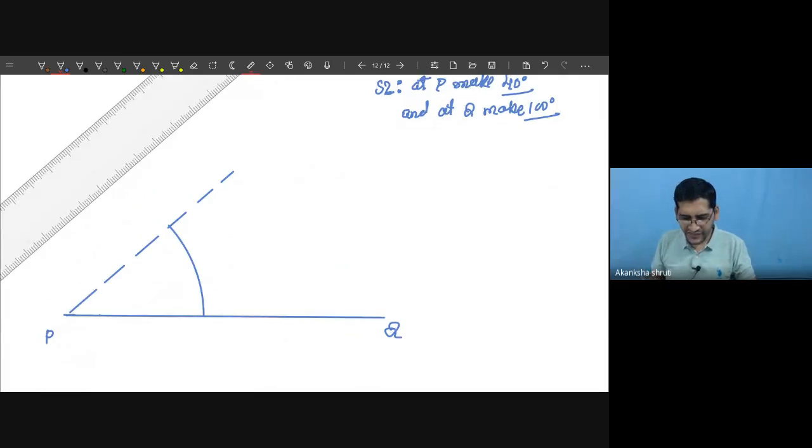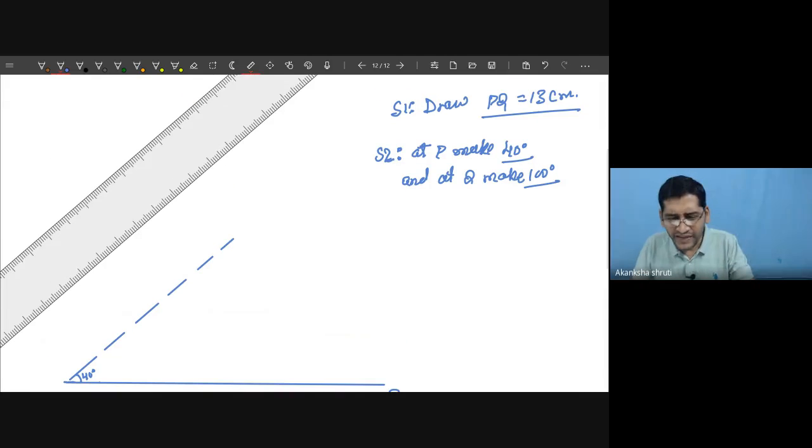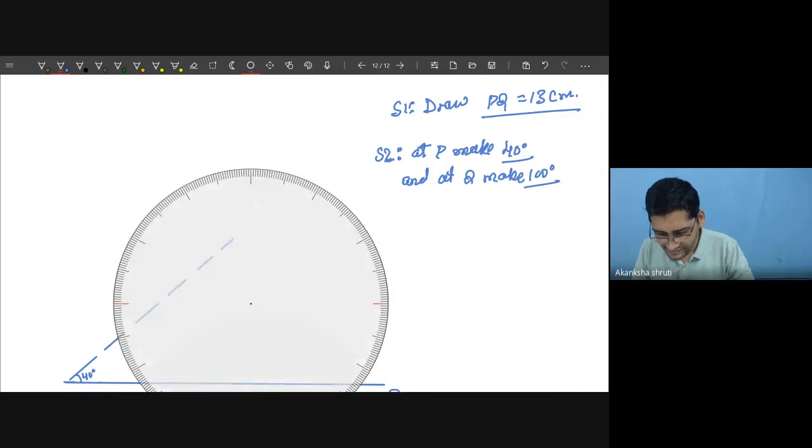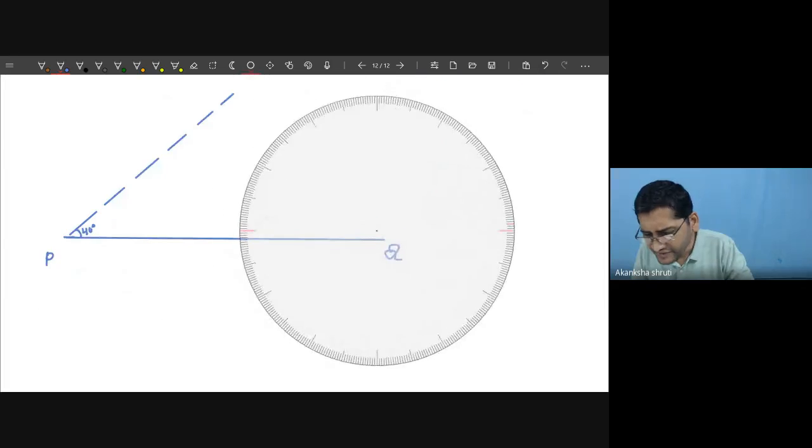Okay, student? Similarly, for the other, this is our 40 degree that we have drawn. At Q, we have to make 100 degree. So draw the 100 degree. Let me draw the 100 degree.